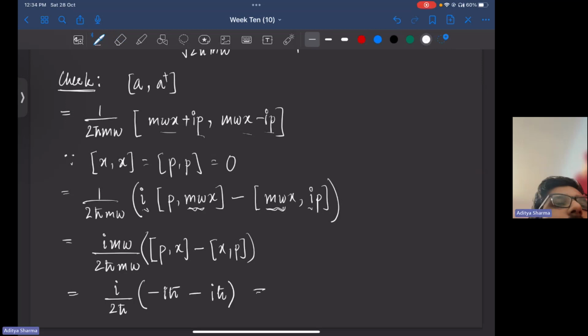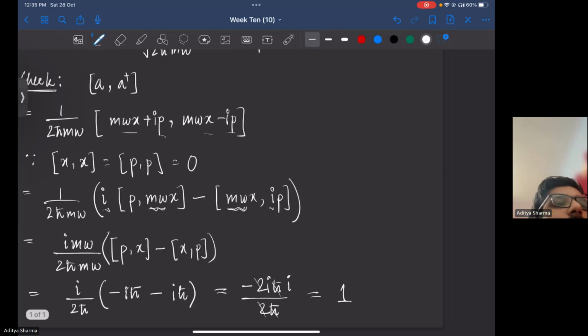So we're going to get minus 2 i h-bar. Right. Hence we get 1. This cancels, and i squared is just minus 1. Minus 1 into minus, which is already here, we get 1.